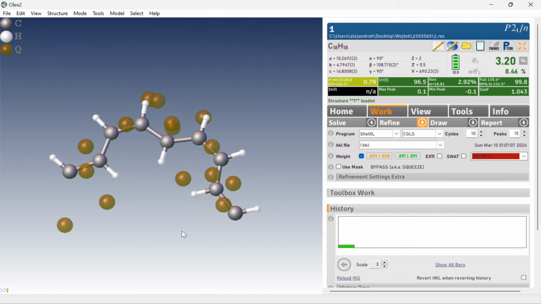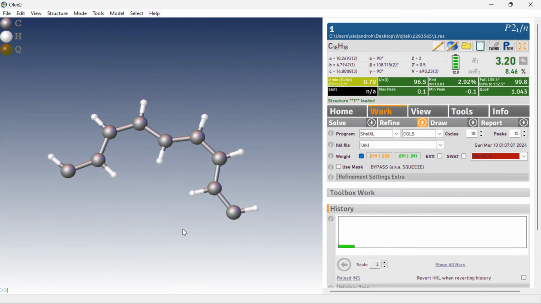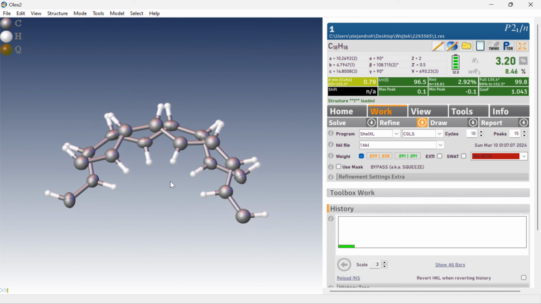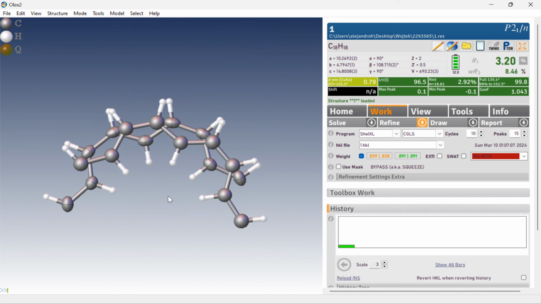We can see by inputting show part 2 what the distances are like. 1.36, 1.35. Oh, actually it didn't change that much. So anyway, we can see that sometimes if we have very good data, we actually don't need restraints.